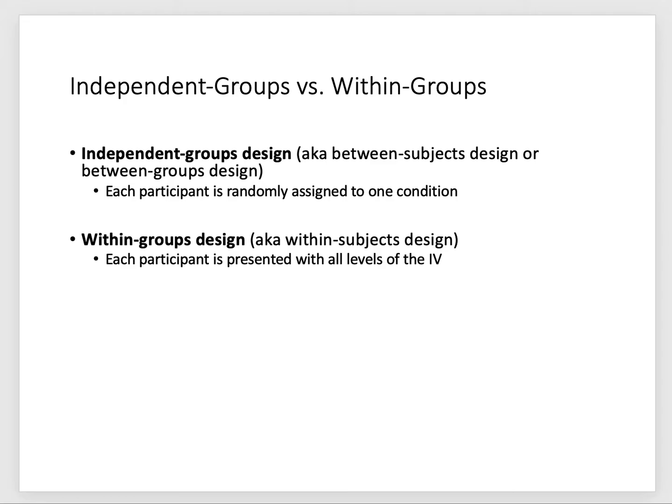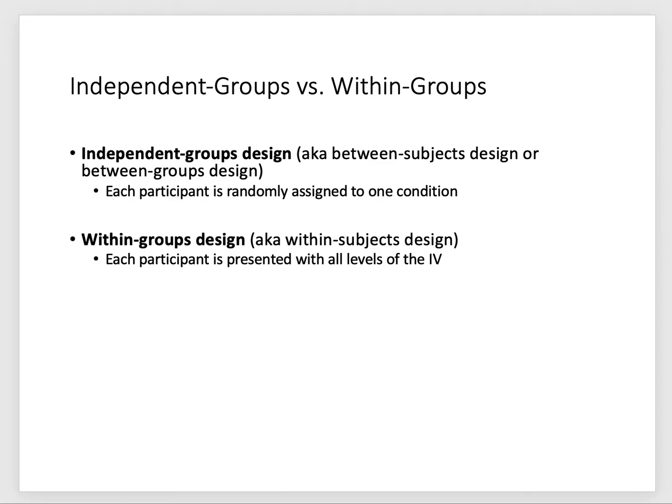So basically what we've been talking about so far is an independent group design, where each participant is randomly assigned to one condition. Okay, so you're chosen to be in my study. You're either going to take notes by hand or you're going to take notes on a laptop, and that's it. I'm just going to compare the people who took notes by hand to the people who took notes on a laptop, and then my study will be over.